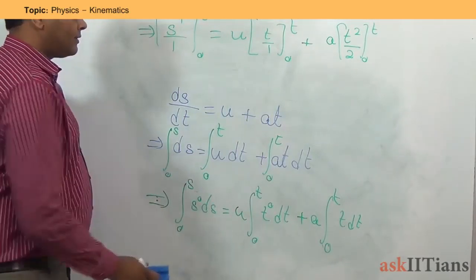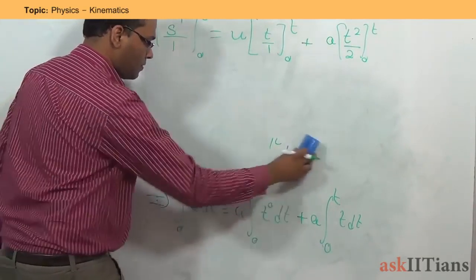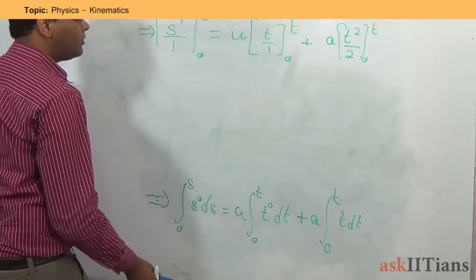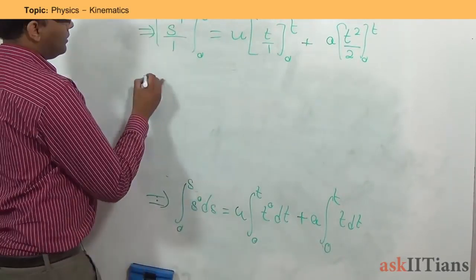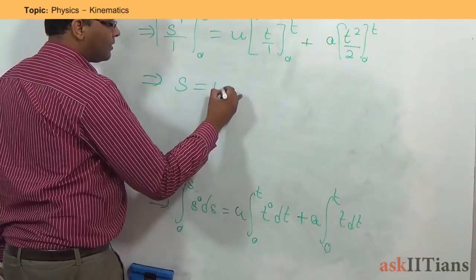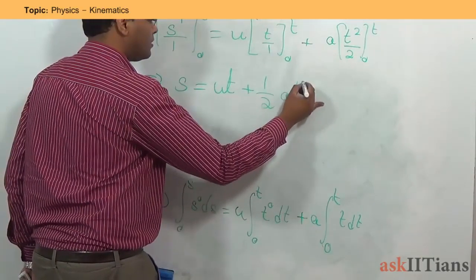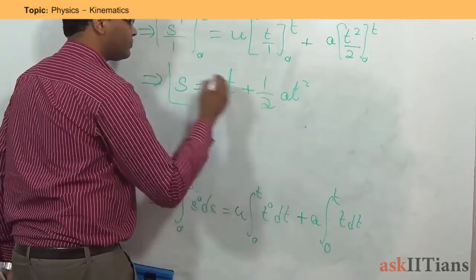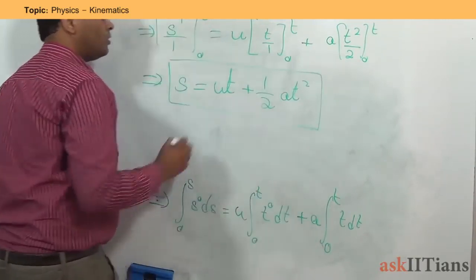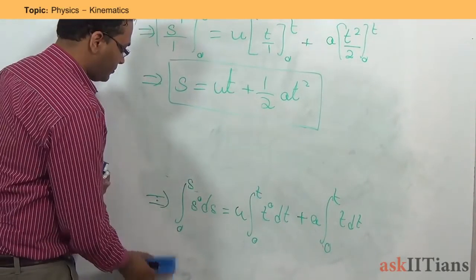Right? Therefore, this can be simplified and we will get s equals ut plus half at square. So this is our second equation which we had derived, if you remember. Right?